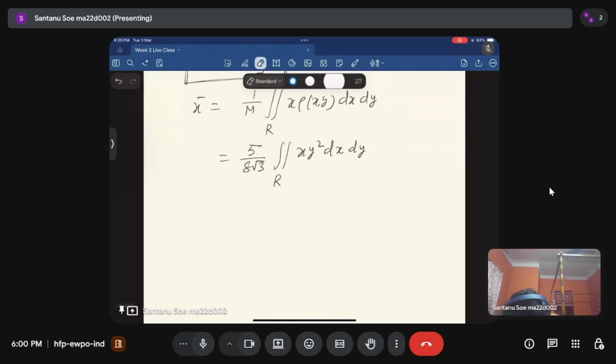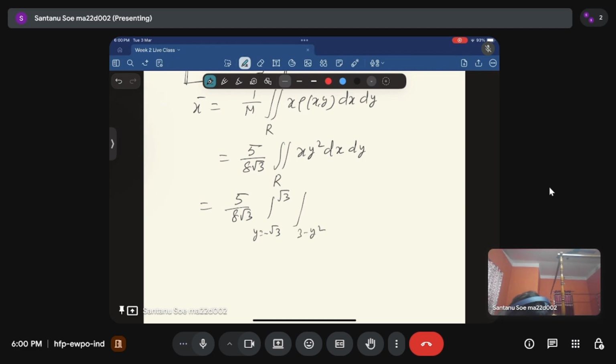Okay, so now just like previously, we know the upper and lower limits of both x and y. So this is going to be from y equals minus root 3 to root 3, and x from (3 minus y square) by 3 to 3 minus y square, of x y square dx dy.